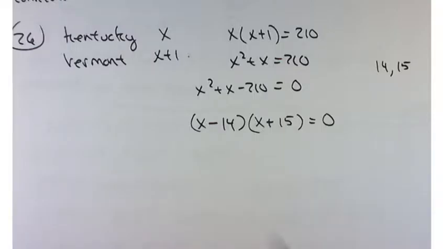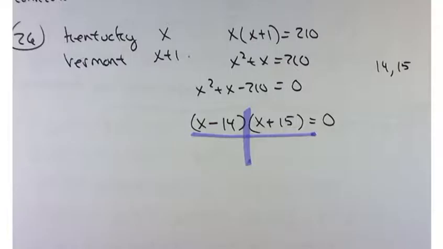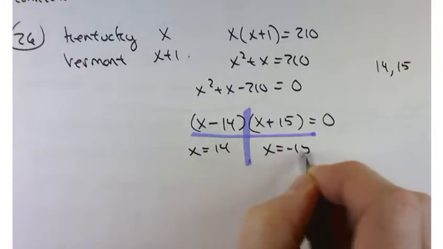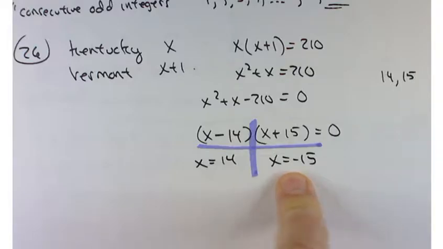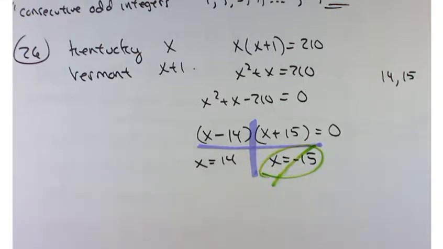Well, we still have to finish solving here, but can someone read off my solutions here? X equals 14 and x equals negative 15. Could Kentucky have been the negative 15th state to enter the Union? No, that doesn't really make sense. All right.